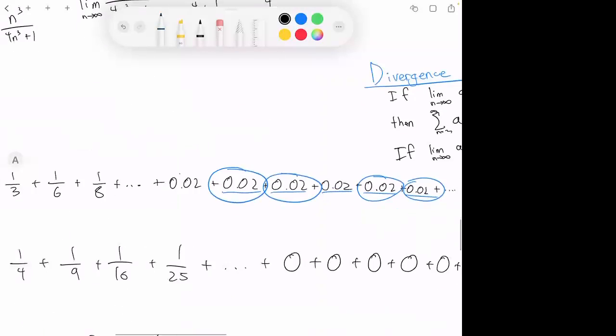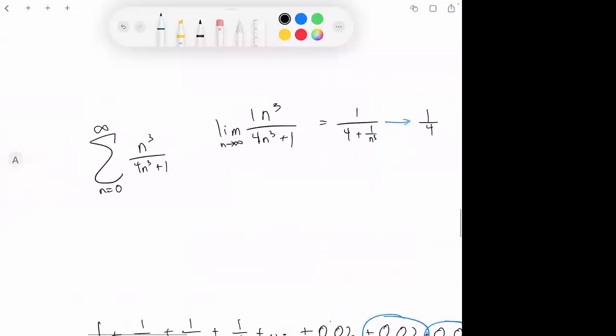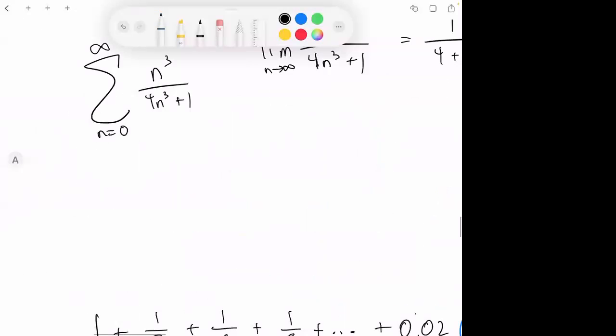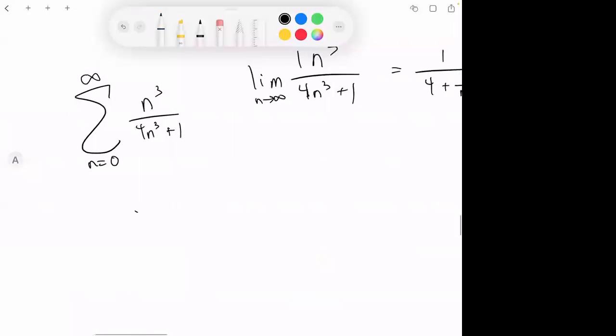So this series starts off, we can plug in 0, we'd get 0. You can plug in 1, you'd get 5. You can plug in 2, you'd get 8/33. You can plug in 3, I'll stop here, you'd get 27/109, and so on.